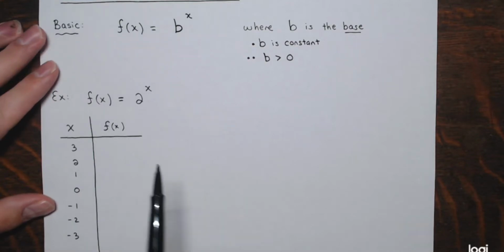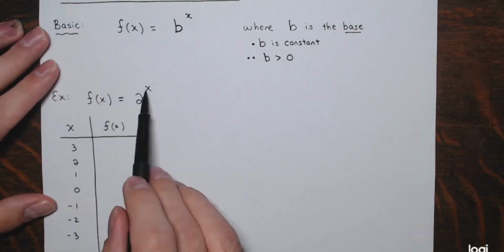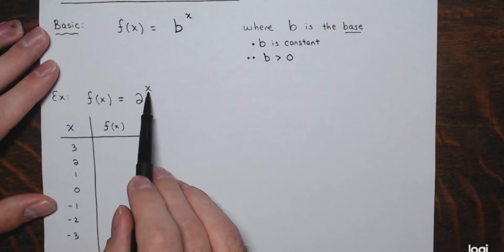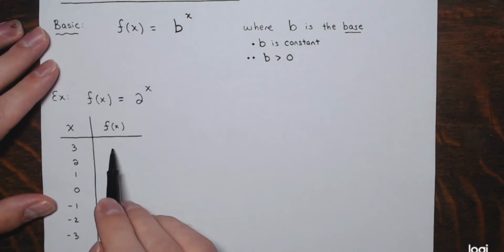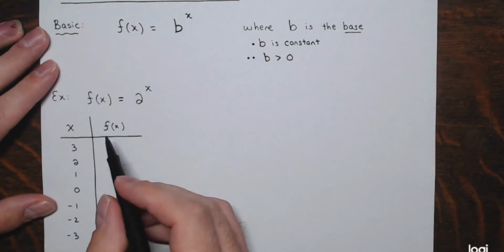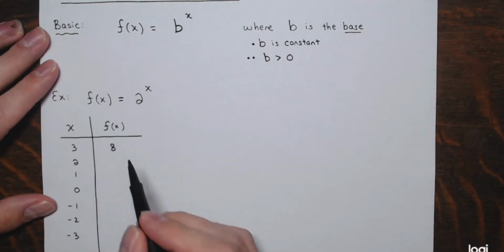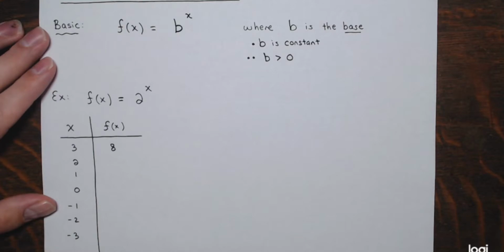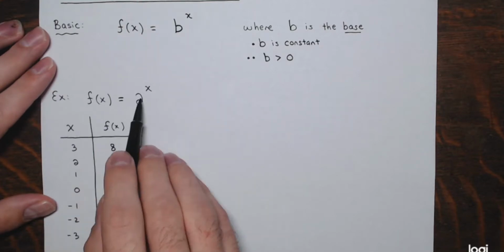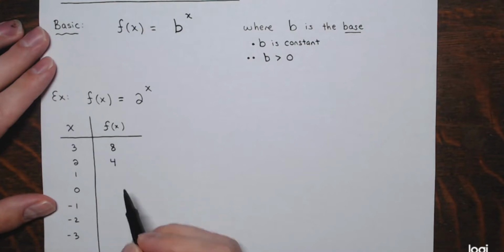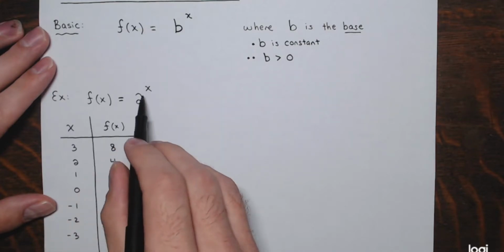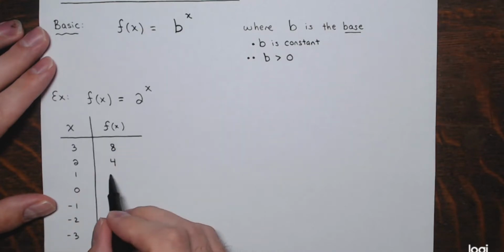Remember this is the input x that's going in the exponent. The output would be 2 to the third power, which is 8, 2 times 2 times 2. When x is 2, the output is 2 squared, which is 4. When x is 1, the output is 2 to the first, which is just 2.